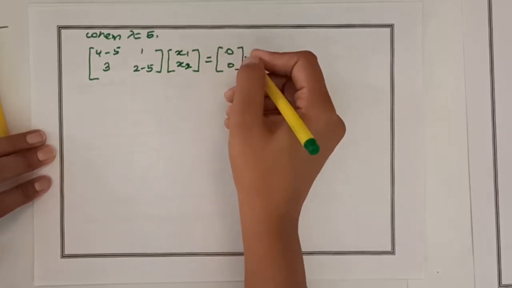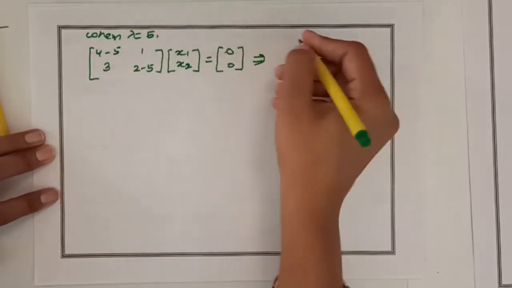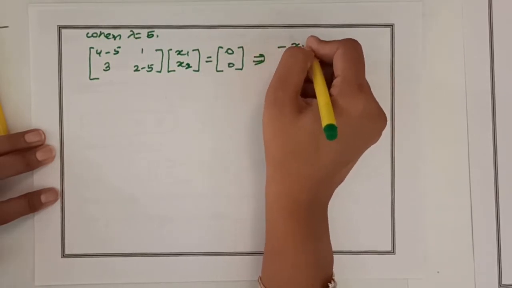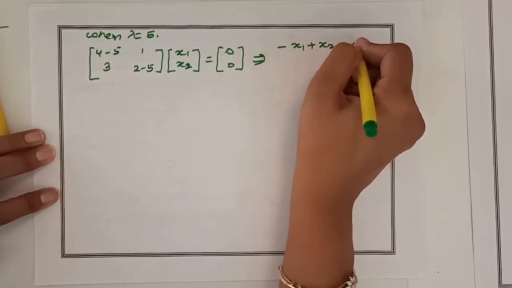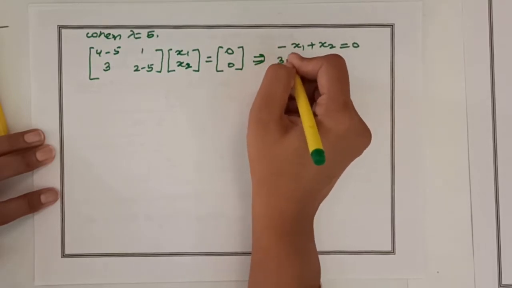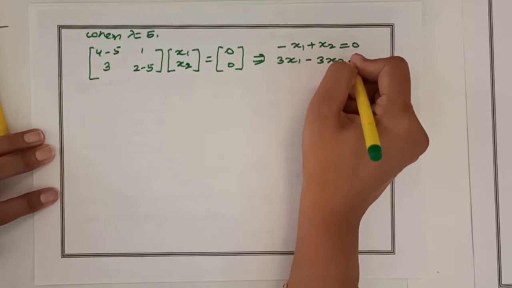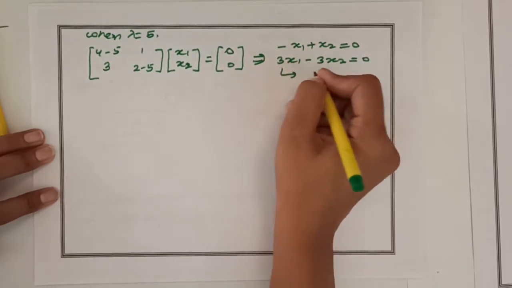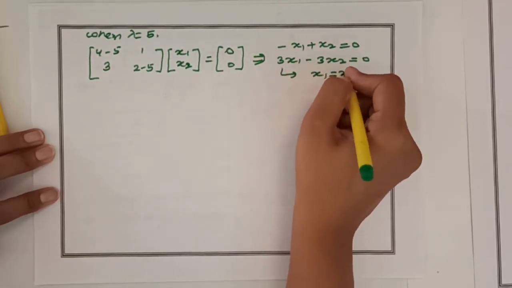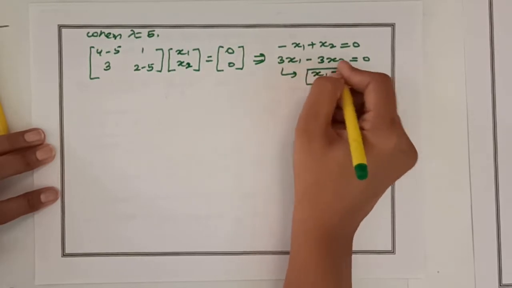Now simplify it. Again you will get two equations, minus x1 plus x2 is equal to 0, 3 x1 minus 3 x2 is 0, and from this equation you will get x1 is equal to x2.